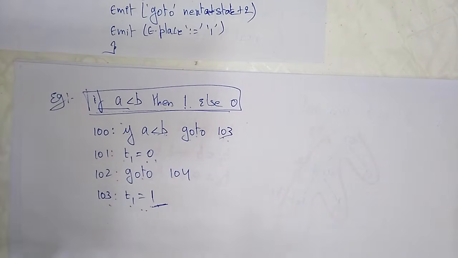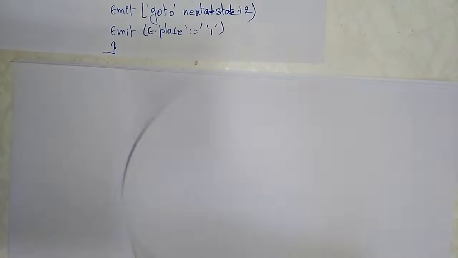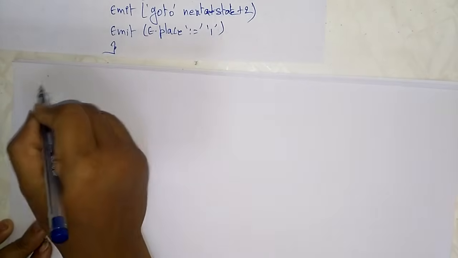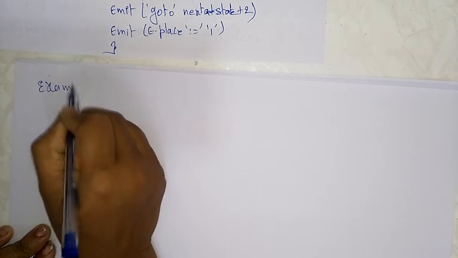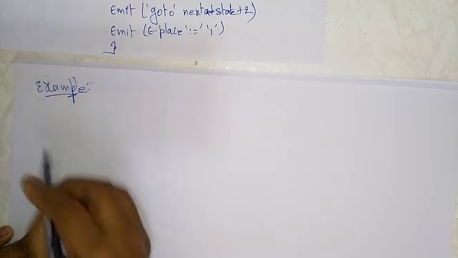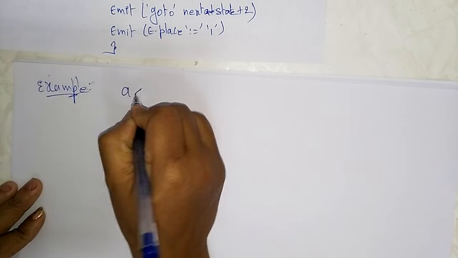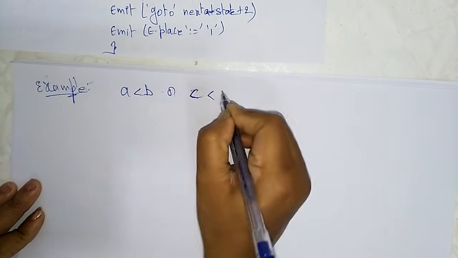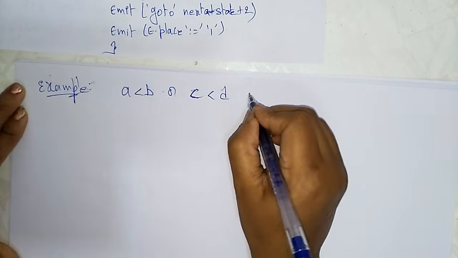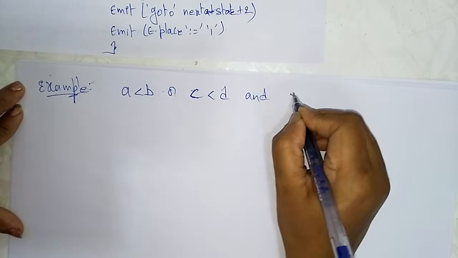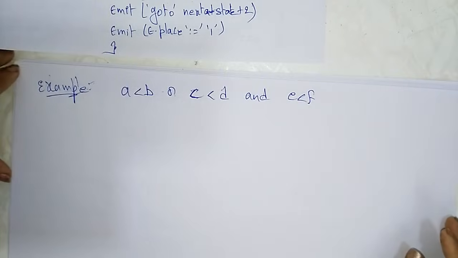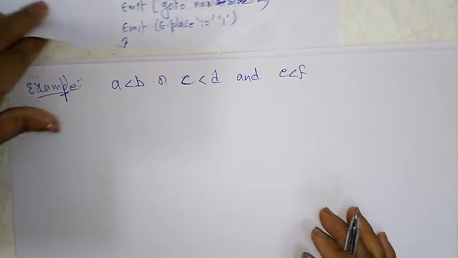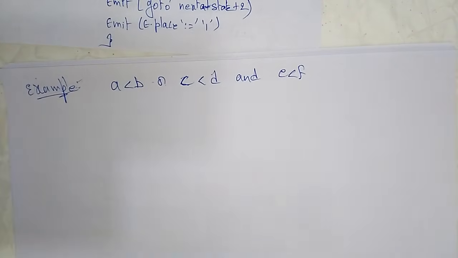Let's take an example which covers all the operations. Let me take a new fresh page and explain the example which covers all the productions and further actions: A less than B or C less than D and E less than F. These are the productions. For this, what are the actions that we have to take?